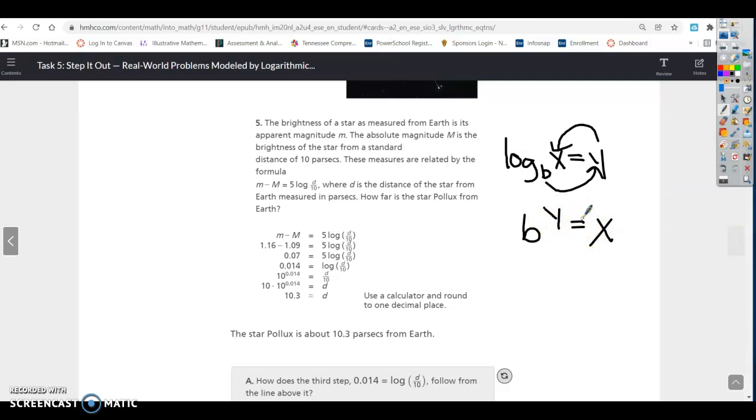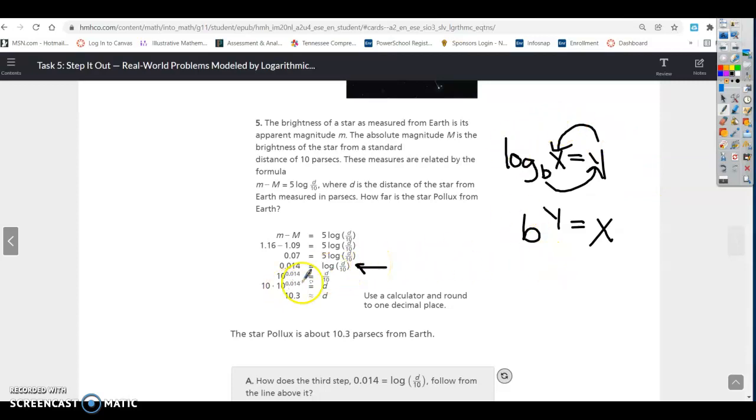All right, so that's an if and only if statement. So when we get to this line right here, since this does not have a base, it's assumed to be base 10. So we rewrite this as 10 to the 0.014 power equals d over 10. And that comes from just this definition of logarithm here.